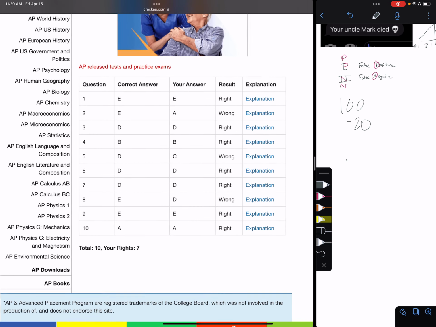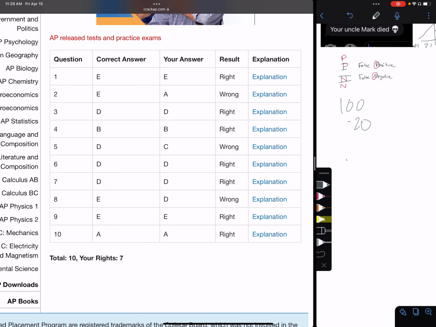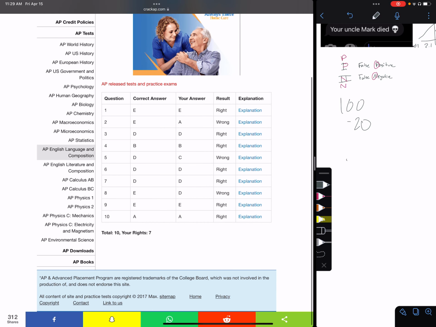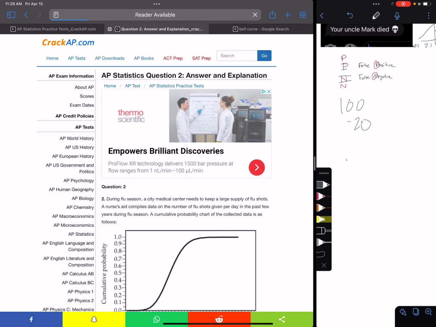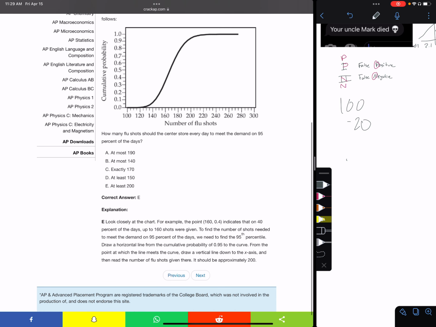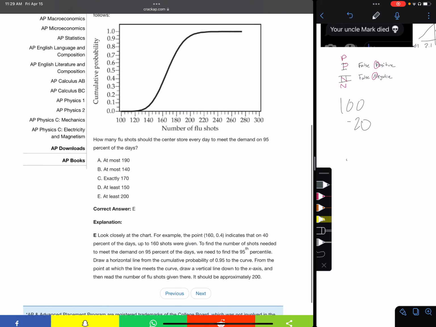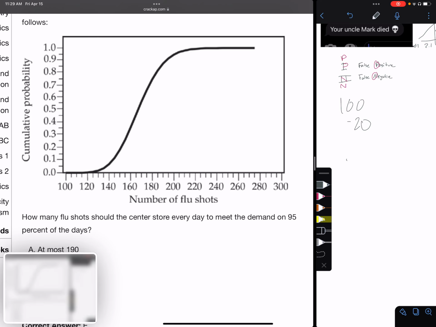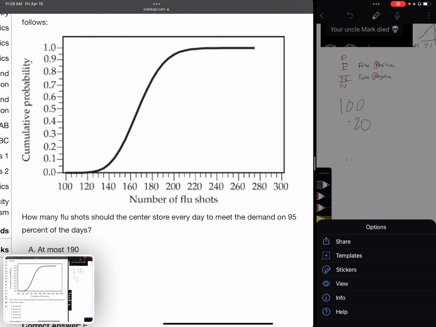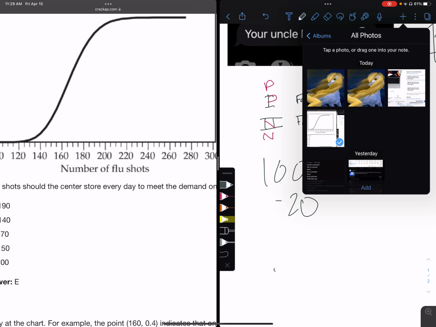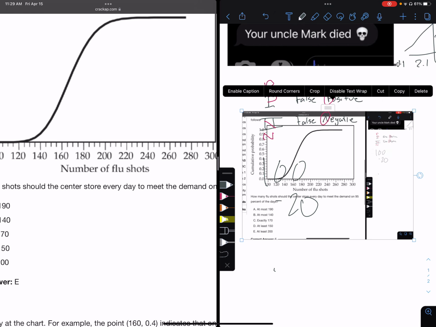So we got 3 wrong. 70. It's a fail. It's fine though. Alright, let's see what we missed. Okay, at least 200. I call cap. My visual skills are actually top notch.